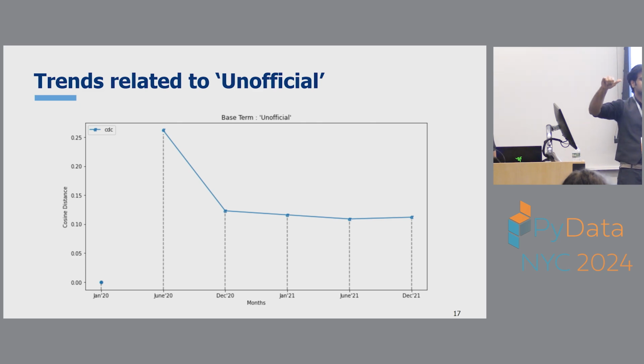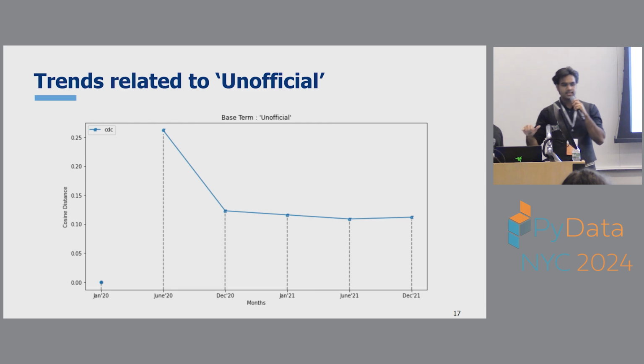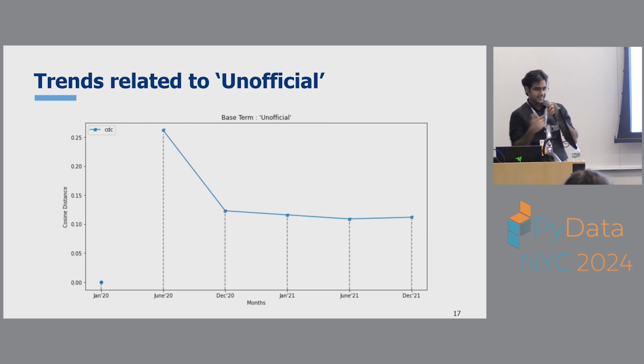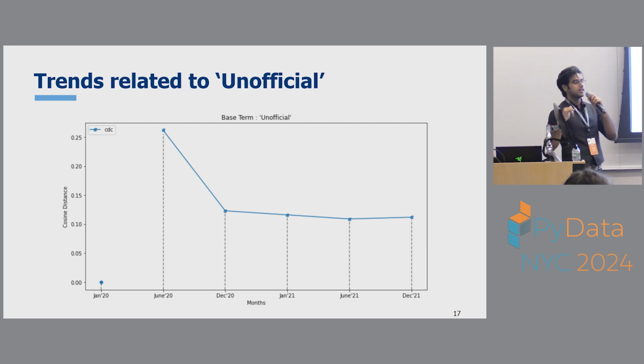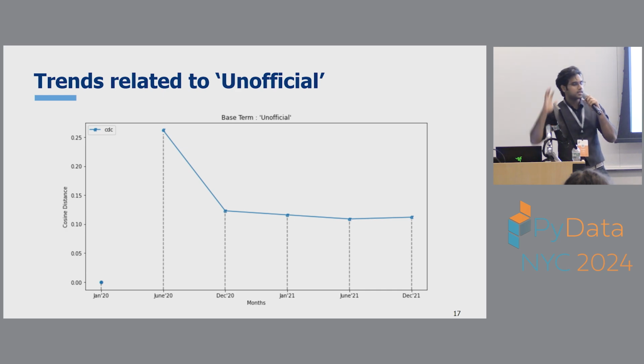So once the model sees a word 5 times, it starts considering it. All of this data was scraped from Twitter, back when the Twitter API was still a thing. So during January of 2020, we can see that there isn't even 5 mentions of CDC, whereas in June 2020, we start getting something.